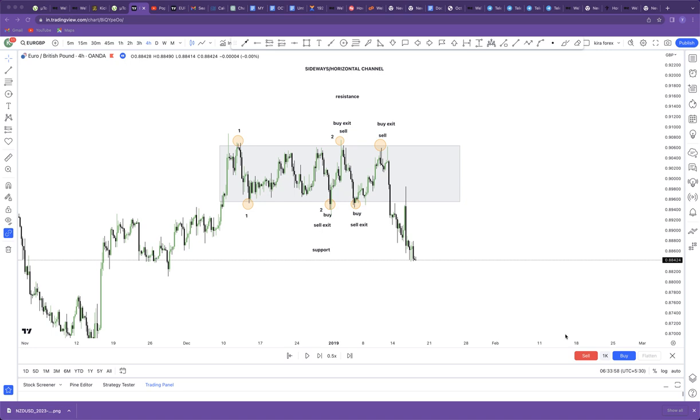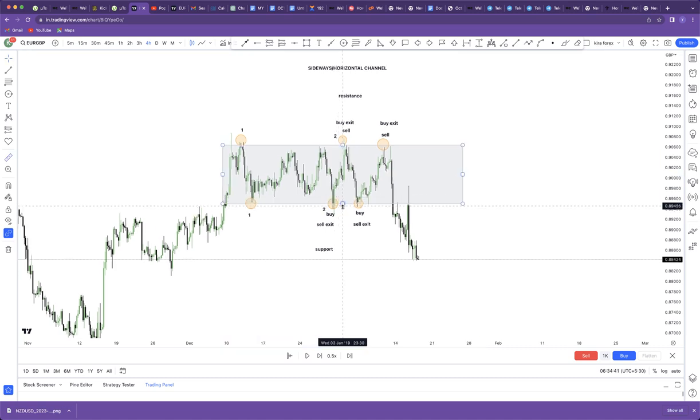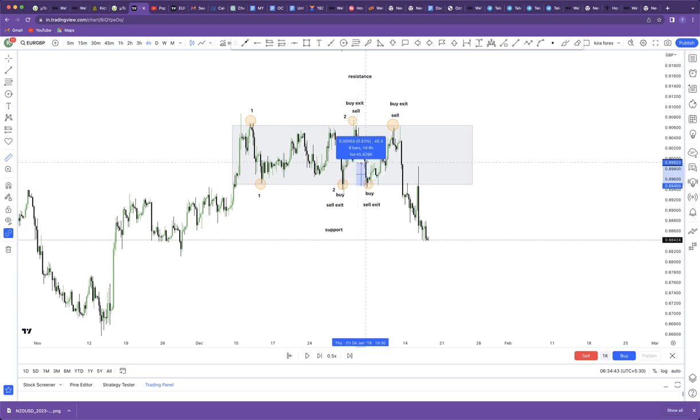Then the third one, you may also decide to take half the profit off as price is in the middle of the channel for a profitable trade. So what this means is that, assuming you've taken a buy trade here, what you can do is, let me use my ruler to explain something. So assuming I take a buy trade here, I'll measure from here to here.